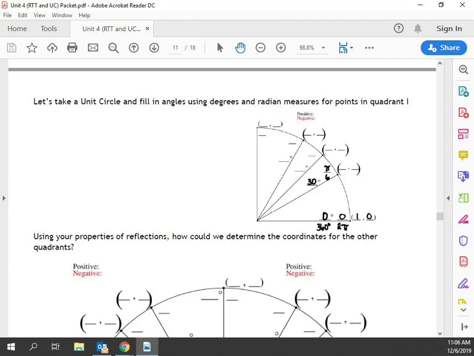Should be the first problem we did on the triangles in a circle situation. Good. √3 over 2. What was the y-coordinate? 1/2.